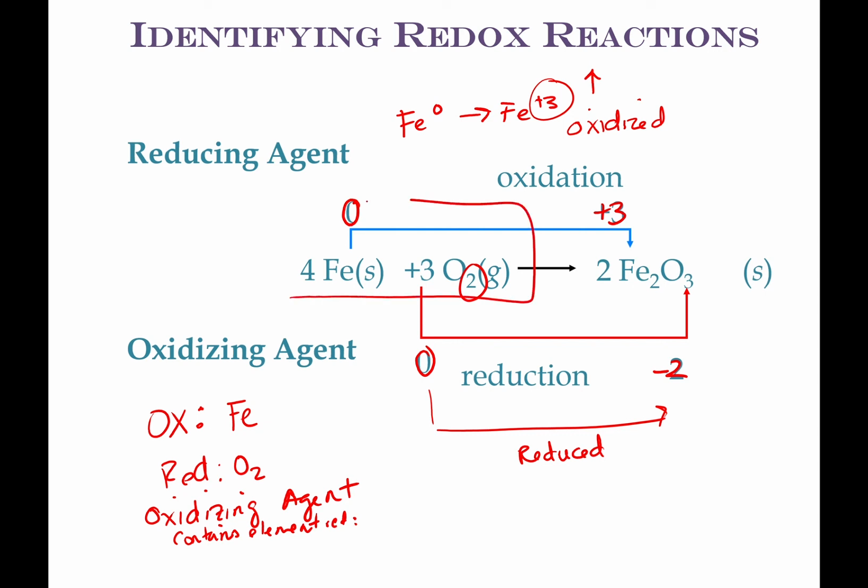It's always going to be one of the reactants. So if the oxidizing agent is going to contain the element that was reduced, it means it has to contain oxygen. So in this case, it's O2. And honestly, the answer to this one should be O and not O2, because we're talking about an element, not a compound. And then the reducing agent contains the element that was oxidized, so it would be iron. In this case, they're both elements. That's not usually the case.